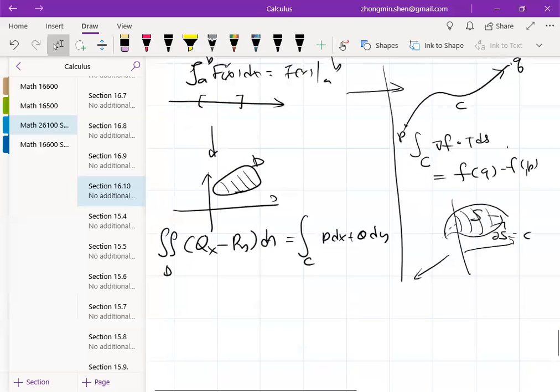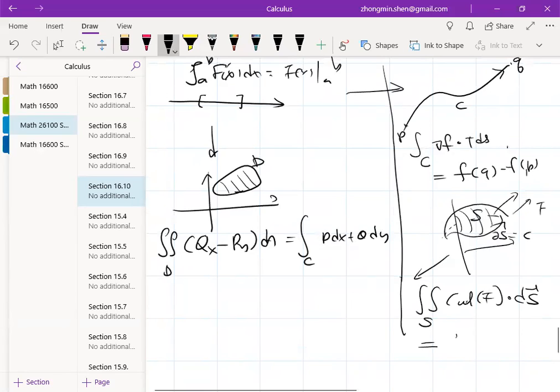Okay, so what we can get here is a vector field F in space, and we have the following theorem: the double integral, the surface integral, of the curl of the vector field F times ds. And this is going to be the line integral F times T ds.